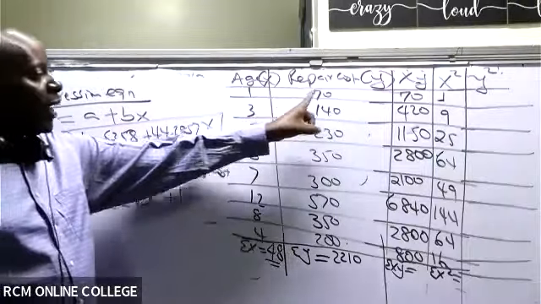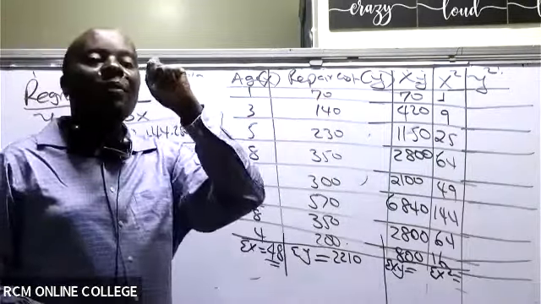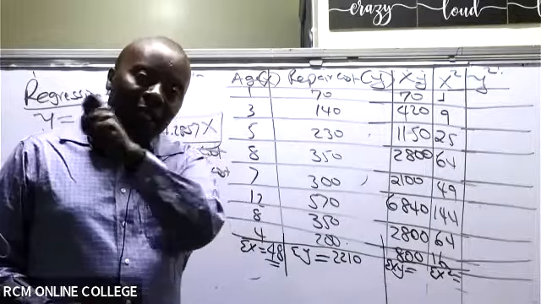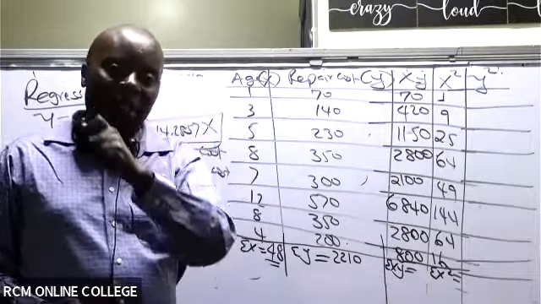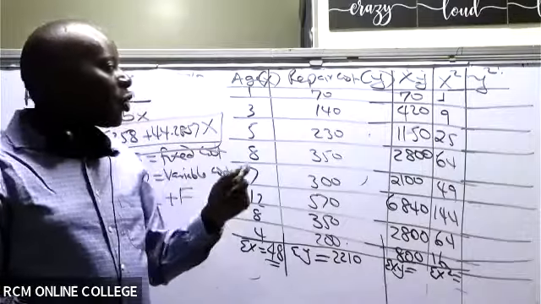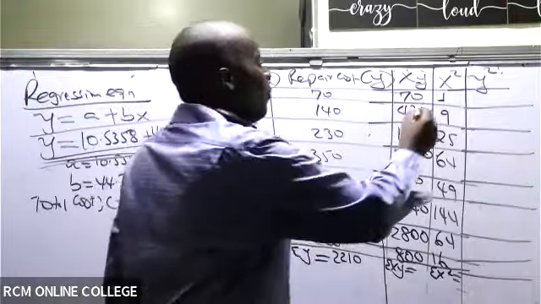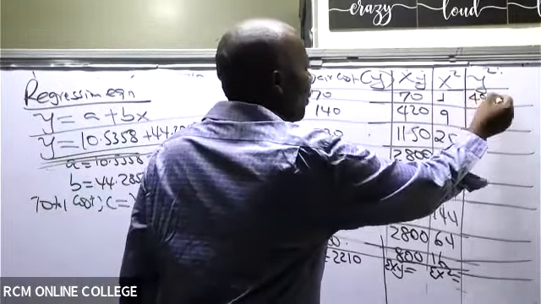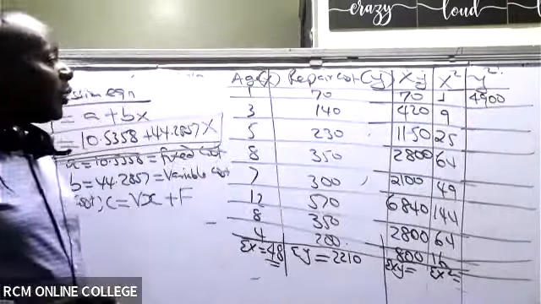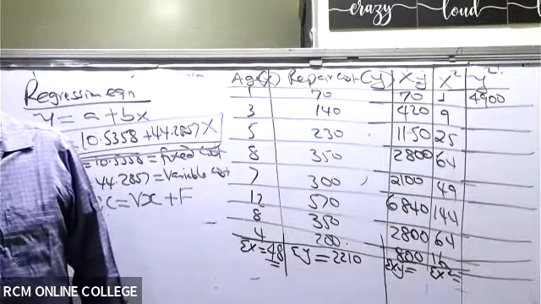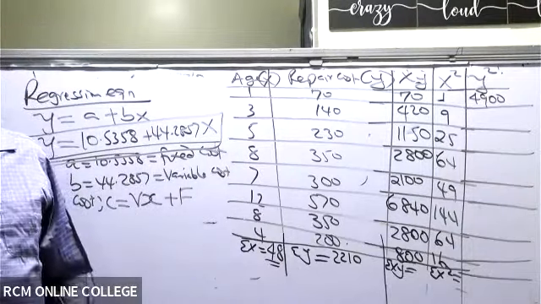To get the coefficient of determination, you can't get it without y squared. So 70 squared, is there someone who can tell me 70 squared will be 4,900? I would want you to be very patient, I'm only left with 10 minutes to finish everything.